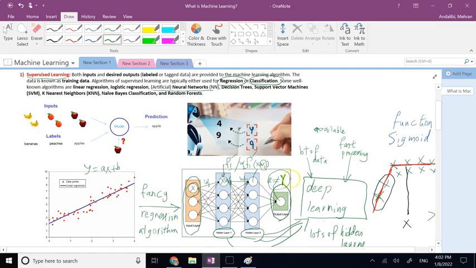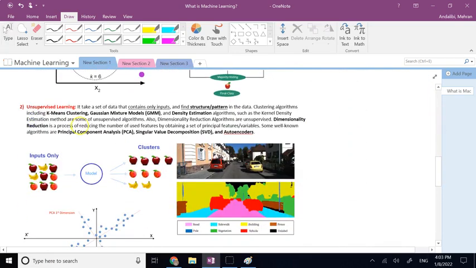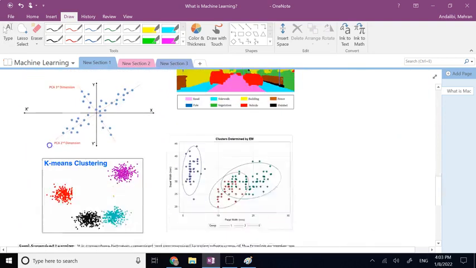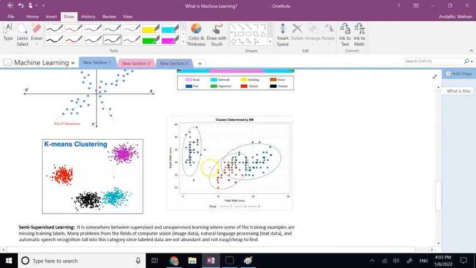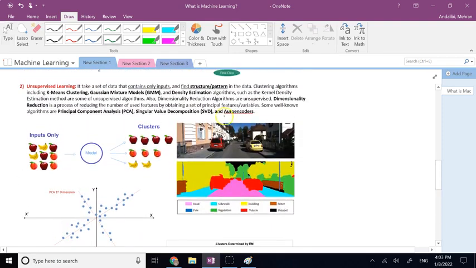If this output is not a number, it's just a binary number showing the class, that could also be used for classification. So this has covered both of these, and as I'm going to tell you in the future, it can also do unsupervised learning, which is like data clustering, reducing the size of the data, dimensionality reduction, using what we call autoencoders.